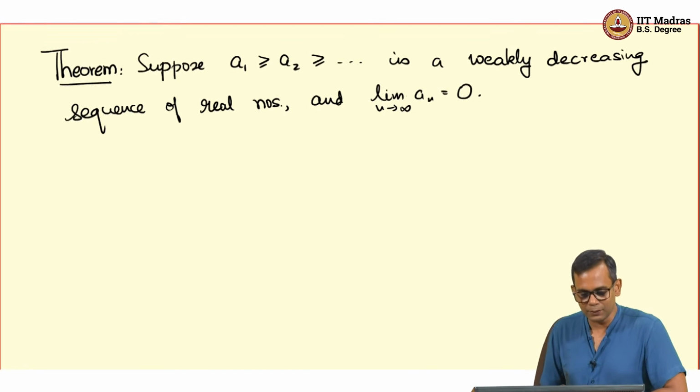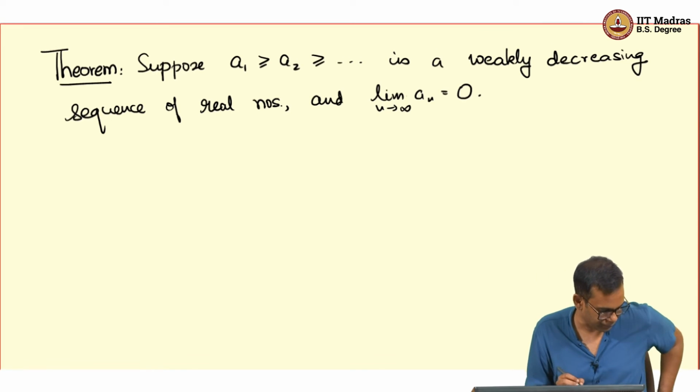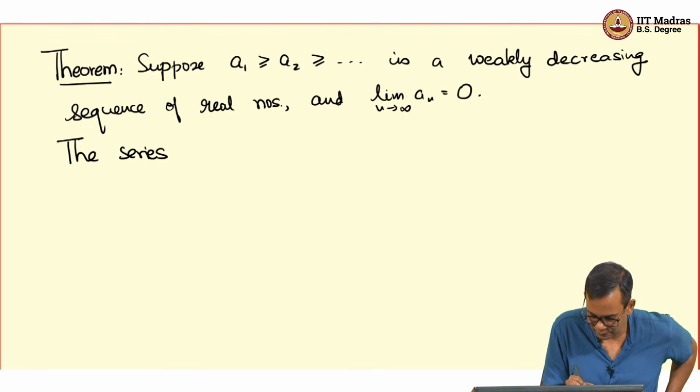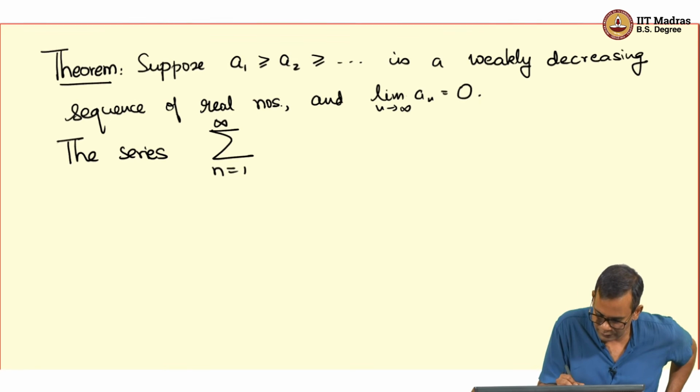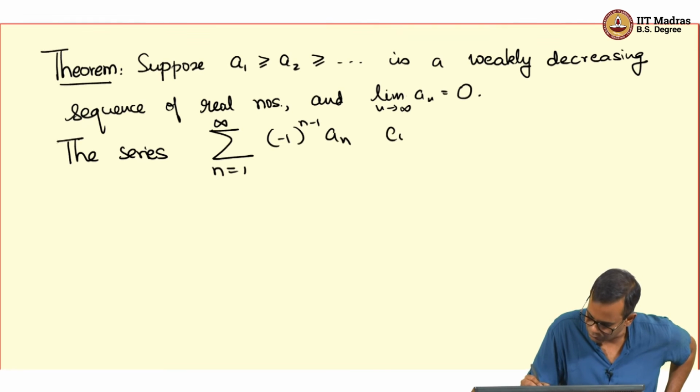So, for example, keep in mind a_n equals 1 by n. The claim is the series summation n goes from 1 to infinity of (-1)^(n-1) a_n converges.